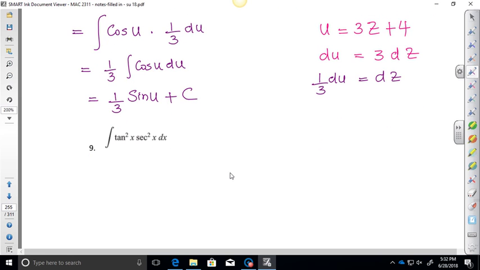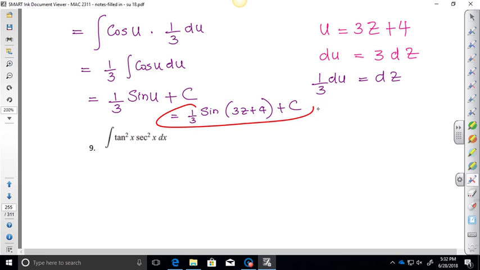And what's u? Sine 3z plus 4 plus c. This is called the integration by substitution.